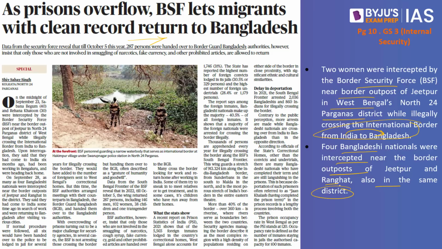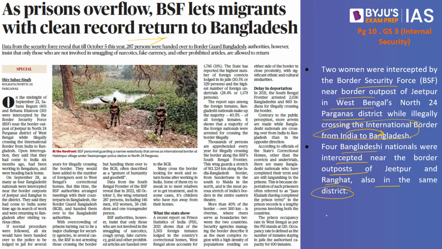Now the question is, whenever illegal migrants enter the country, what would happen? These people will be punished. Immediately, as per the normal procedure, these illegal migrants will be caught by the Border Security Force. They will be reported to the nearby police stations, and ultimately they would be put behind bars.